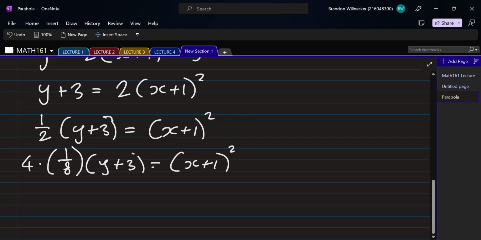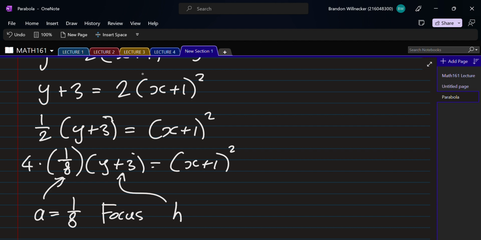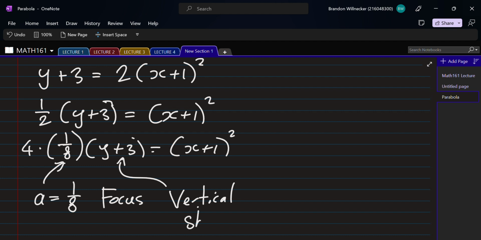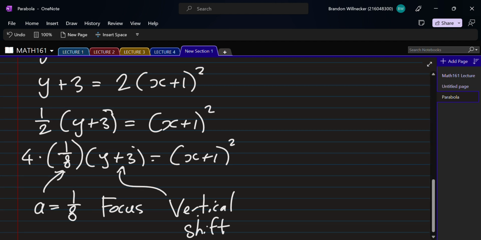And then 4 times 1/8 times y plus 3 is x plus 1 squared. With the factor of 4 in front, we can read off our value a. That's 1/8, and remember, that is our focus value. Then y plus 3 means we have a vertical shift by 3. We will plot this in a bit to see if it's a shift up or shift down, but please think about that before we get there.